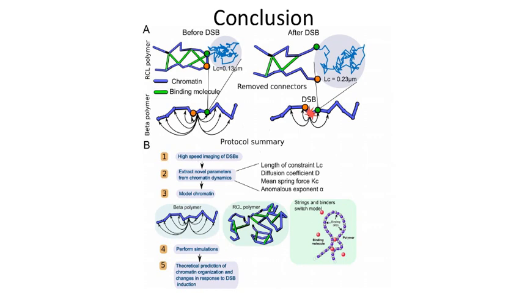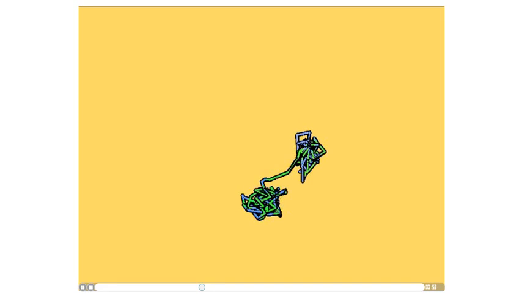And to finish, I would like to show this movie where we have looked into the simulations of two TADs, where here you see in red the polymer and in green the connectors.